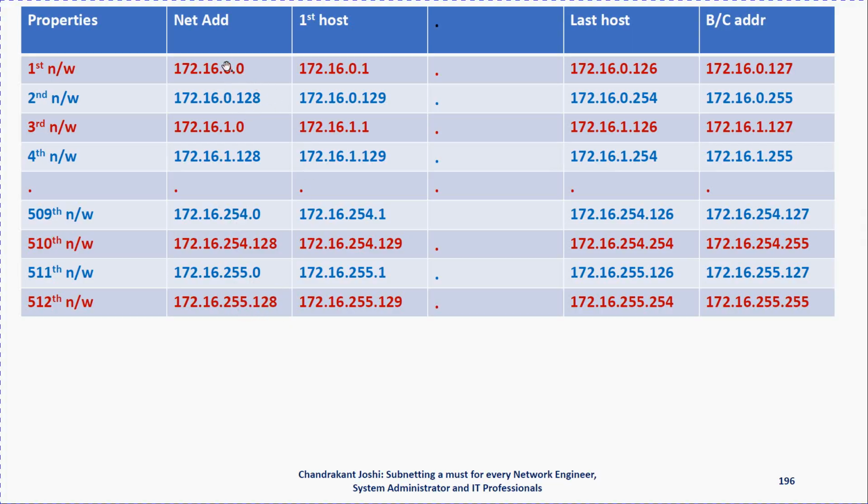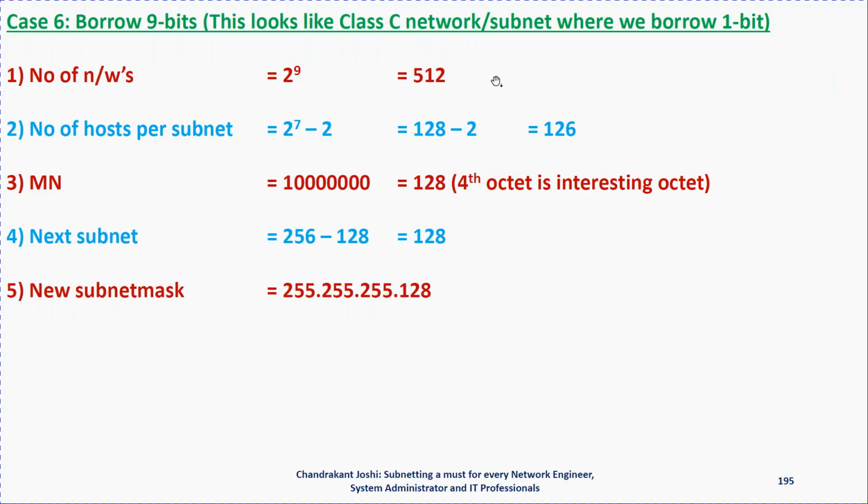So 0 series has got 2 subnets, 1 series has got 2 subnets. So from 0 through 255 we have got 256, and each of these 256 has got 2 different subnets. So 256 times 2 is 512. So we get 512 different subnets.